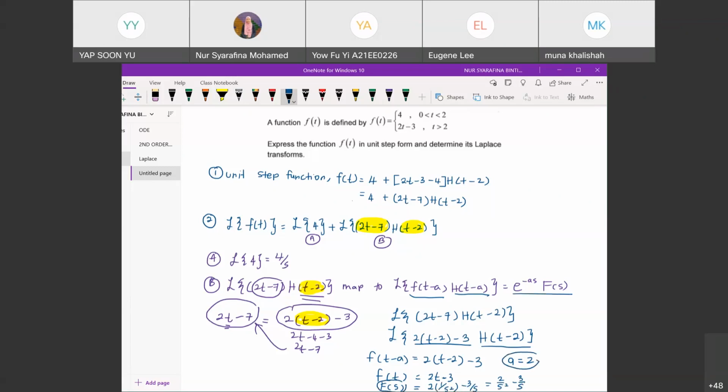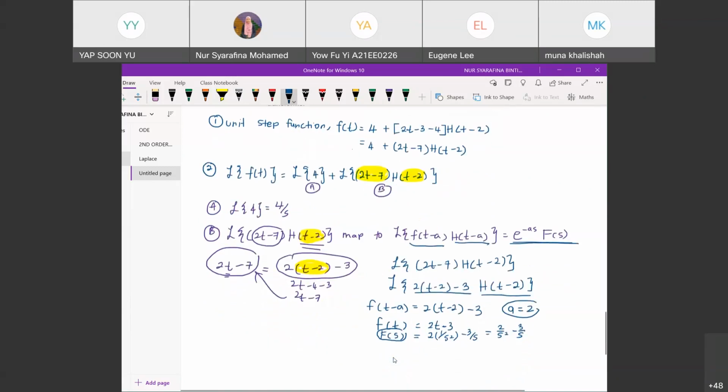Then you can have your transformation, which will give you exponent negative 2s times F(s), 2 over s squared minus 3 over s. So from here, you can have 4 over s plus exponent negative 2s times 2 over s squared minus 3 over s. So this is how you transform one by one here. Is that clear? Any question?